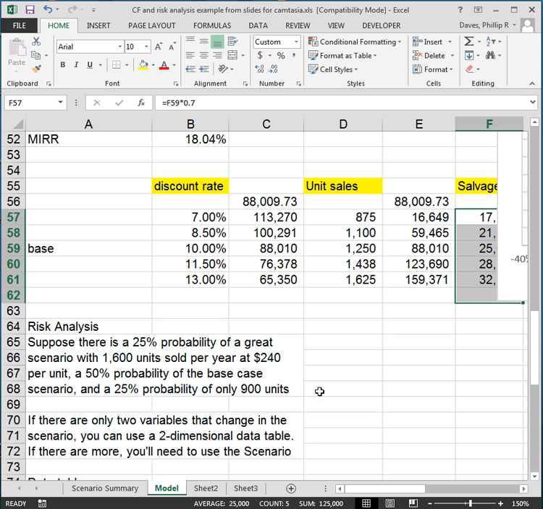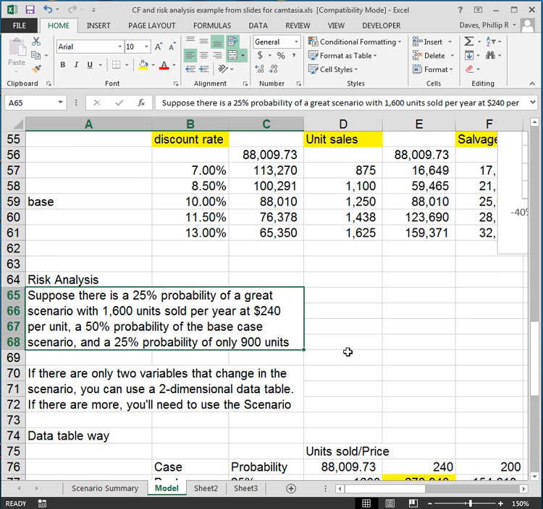Well, to make this simple, I'm going to just pick two of these variables to look at. Let's suppose there's a 25% probability of a really good scenario in which we sell 1,600 units rather than our base case assumption of 1,250. And we're going to sell each of those at $240 apiece.